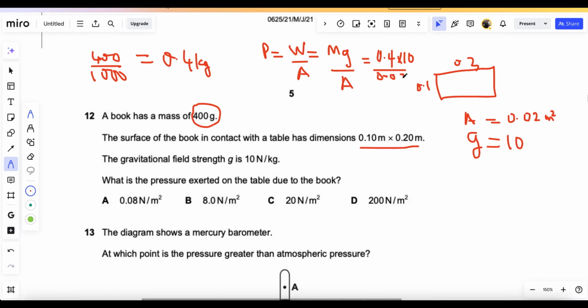So 4 divided by 0.02, what do we get? We get 200 Newton per meter square.